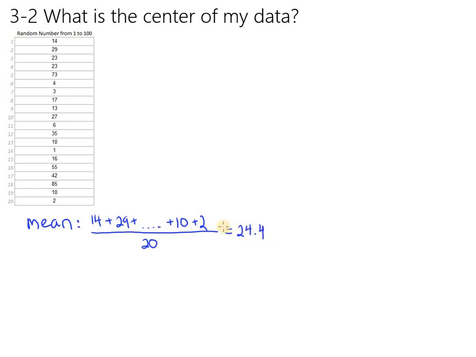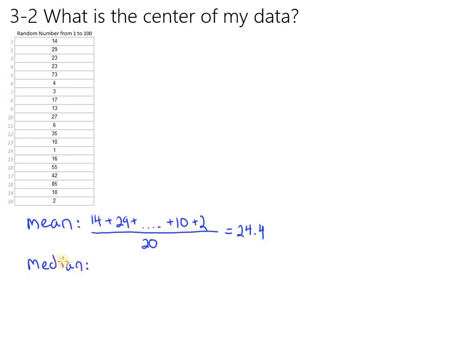In some way, that is the middle of this set of data. There are some numbers that are less than 24.4, and some that are more. But that's not the only possibility for measuring the middle, and we'll talk about why we need more than one.